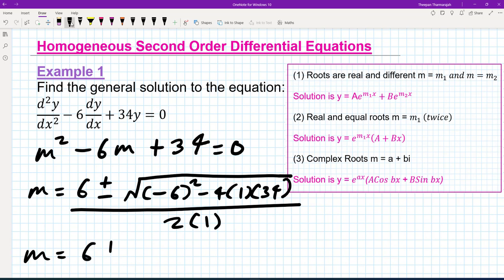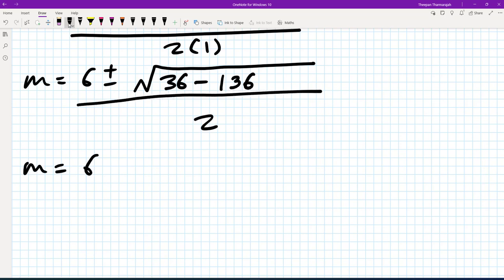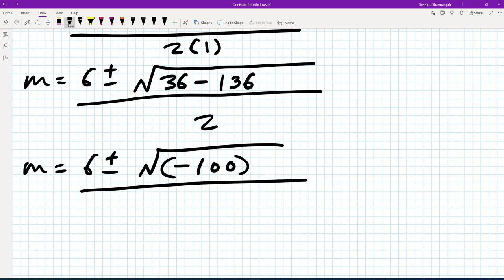So I get 6 plus or minus the square root of 36 minus 136, all over 2, and that will simplify to give me m is 6 plus or minus the square root of minus 100, over 2.